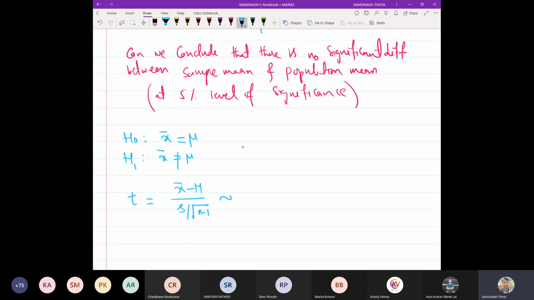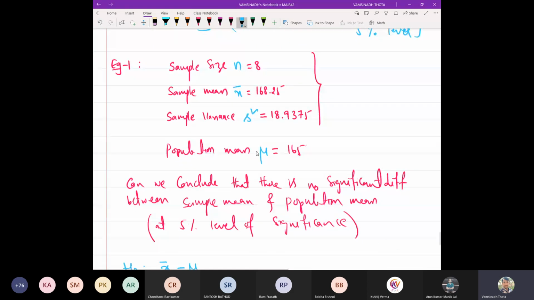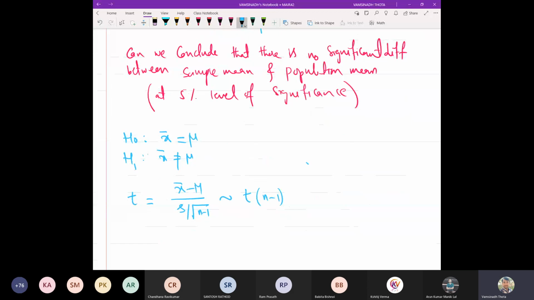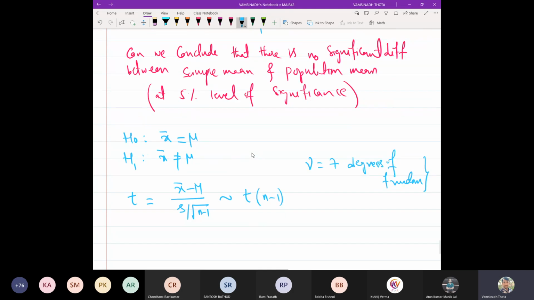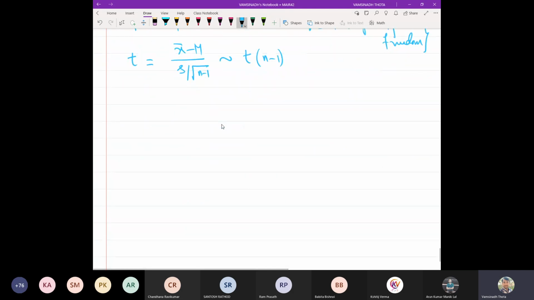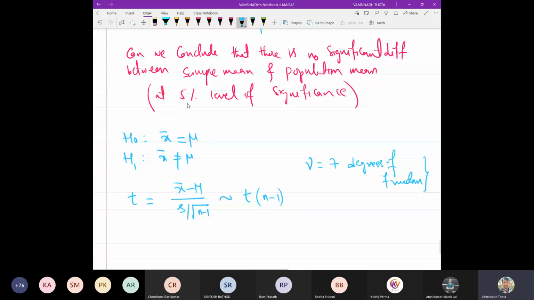It follows the t distribution with n minus 1 degrees of freedom. Here n is 8, so here 7 degrees of freedom, that is v is equal to 7. And at 5% level of significance, we need to evaluate the table value, that we will do a little later.